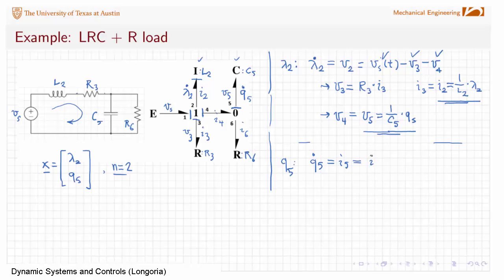So I5 is equal to I4 minus I6. Now those aren't states and they're not inputs, so I need to write those in terms of states or inputs. By the way, I didn't finish my causality over here, right? I should have done that, because that's the effort into the R element, sorry.